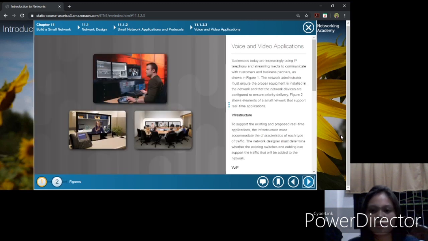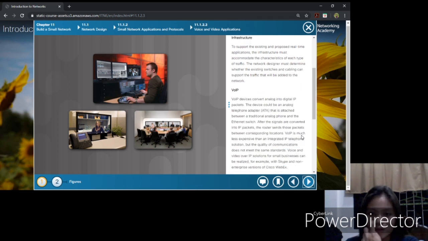So voice and video applications are used to communicate with customers and business partners. The infrastructure must support real-time applications, and it must accommodate the characteristics of each type of traffic. The VoIP adapter converts analog into digital IP packets, and is attached between the traditional analog phone and the Ethernet switch.